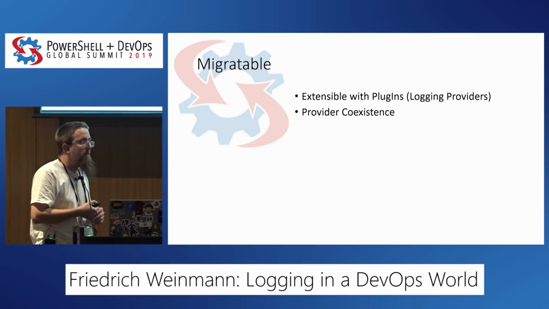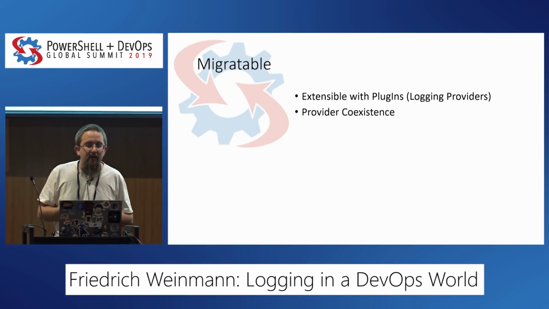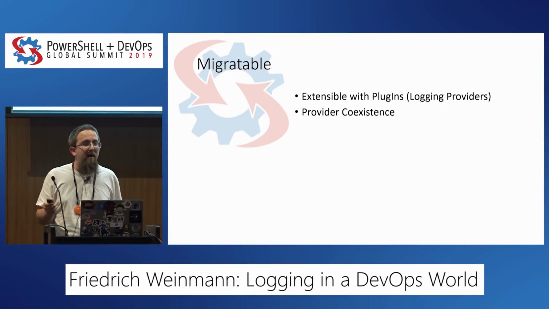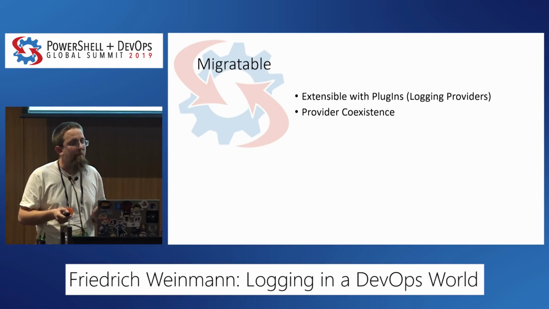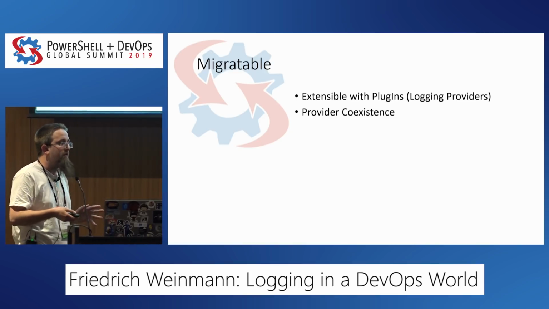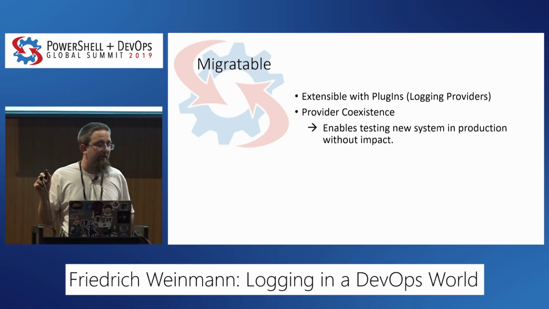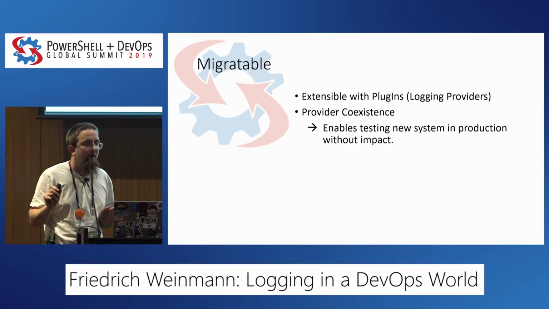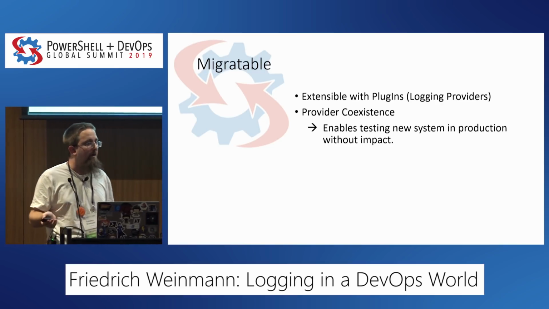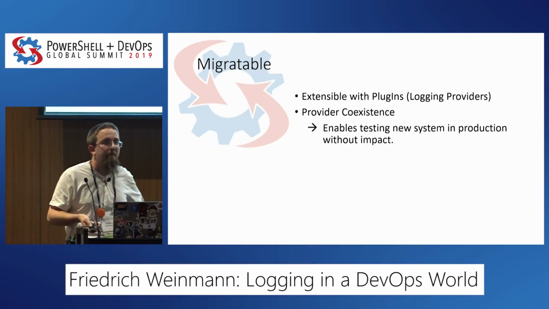And migratable: it's extensible with plugins, and every single logging plugin can coexist at the same time. This means you can do a switch over in production to a new system, load test the new system without losing your existing system. So you can, without any interruption, add, remove, replace your logging.